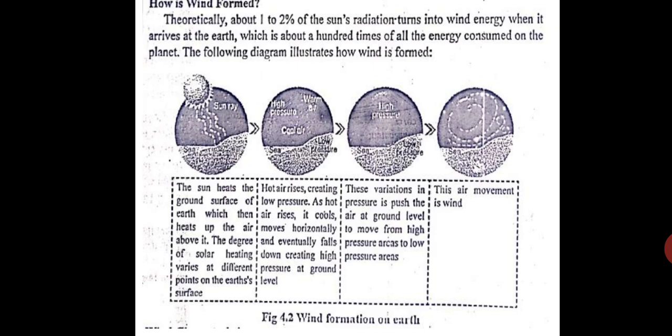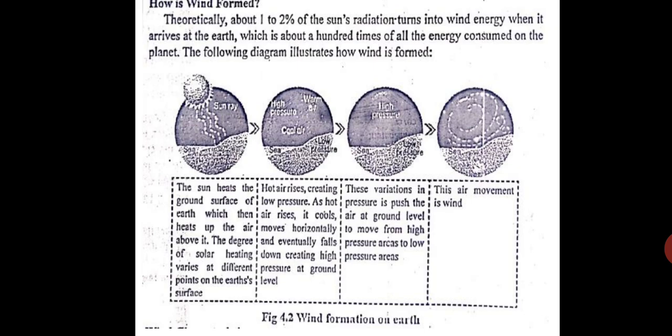The hot air rises, creating a low pressure. Whenever any fluid like water or air is heated, it loses its density and hence rises. As hot air rises, it cools, moves horizontally and eventually falls down, creating high pressure on the ground surface. So hot air goes up, where the temperature is lower, so it cools and then falls down.